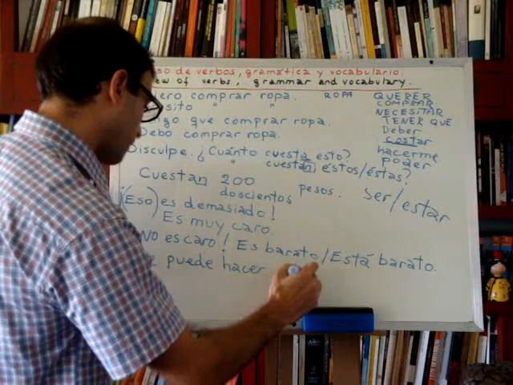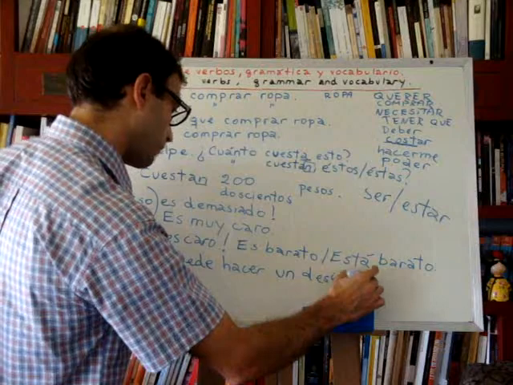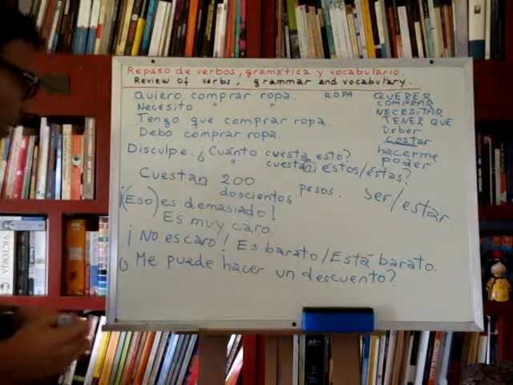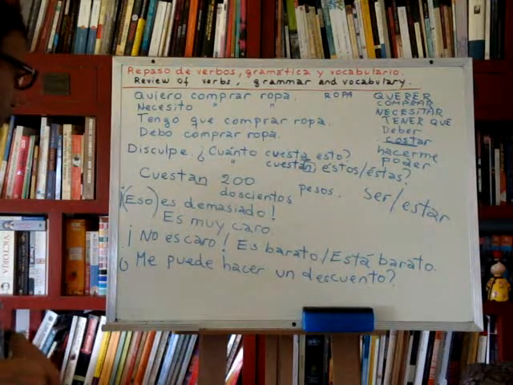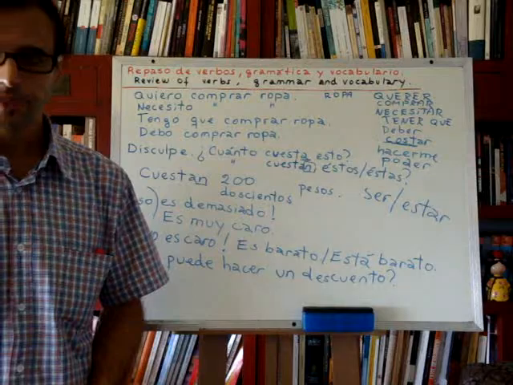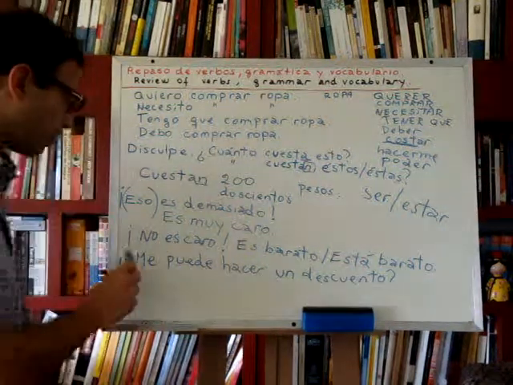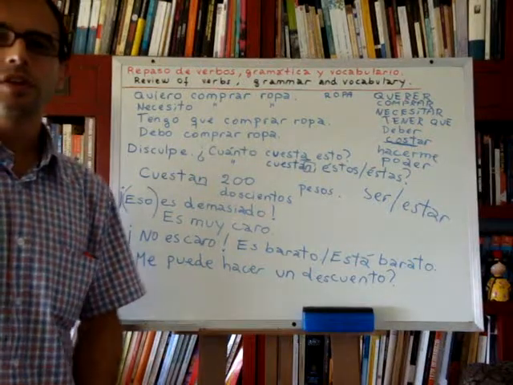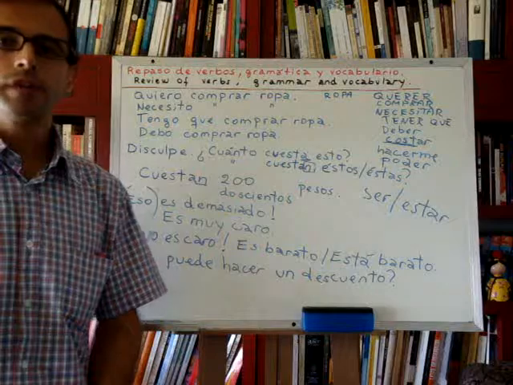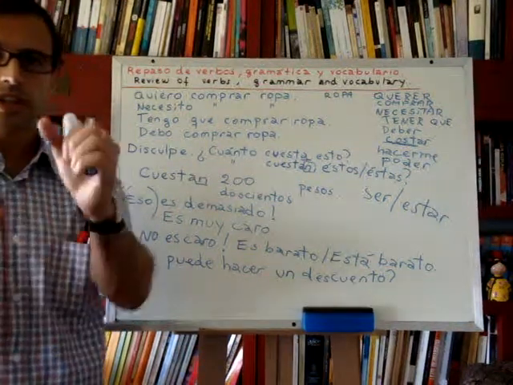un descuento. Okay? Remember that in Spanish, we always open the question mark, okay? Why? Because in English it's not necessary to open the question mark, because when we start reading, questions are perfectly identifiable, because the verb and the subject switch places.